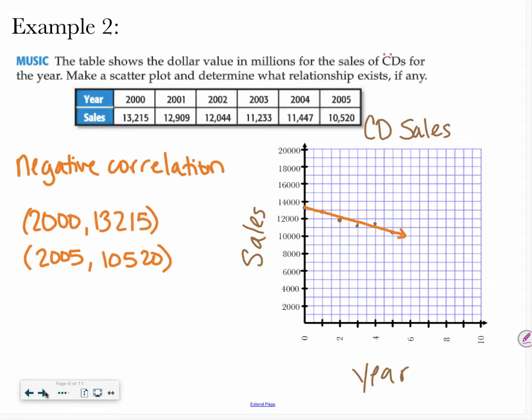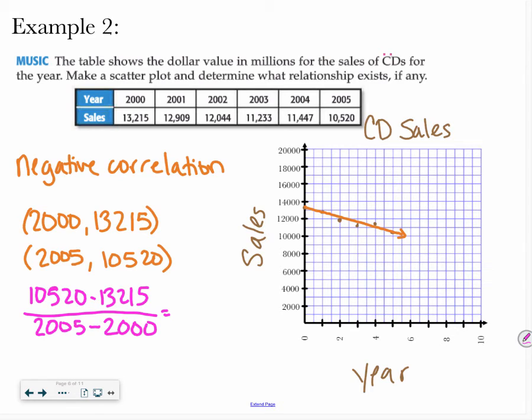So first I need to find my slope. If I take 10,520 minus 13,215, and then I can put my 10,520 goes with my 2005 over my 2000. So that equals negative 2,695 divided by 5, or my slope equals negative 539.